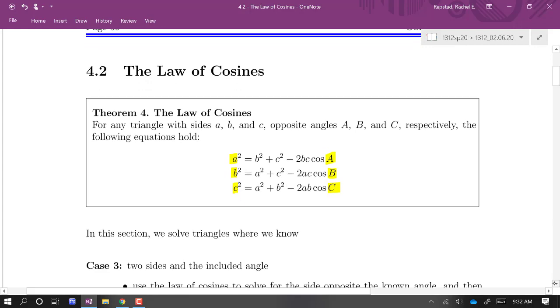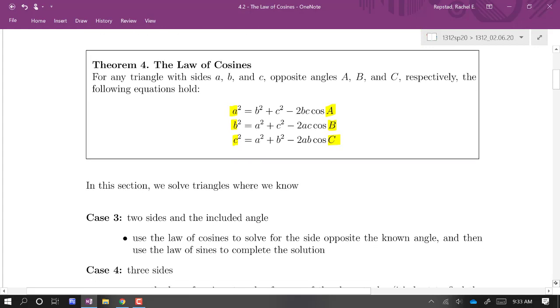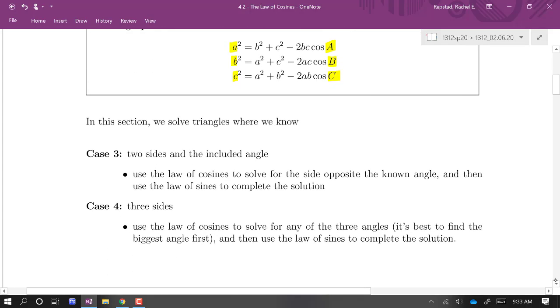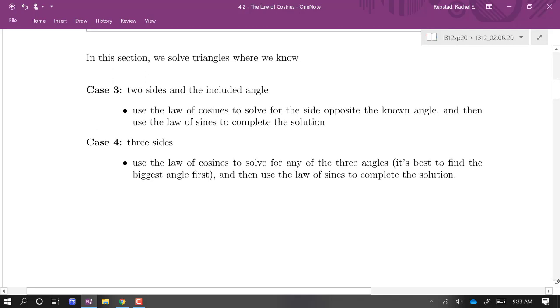So law of cosines is most helpful in case 3 and 4. Remember, with an oblique triangle, we can solve it if we have 3 pieces of information, at least one of which has to be a side. With the law of sines, we always needed at least a matched pair, like a side and the angle opposite that side. We don't need that necessarily anymore.